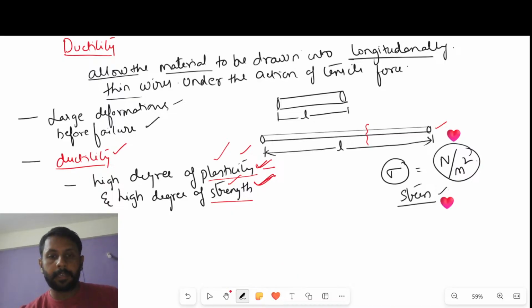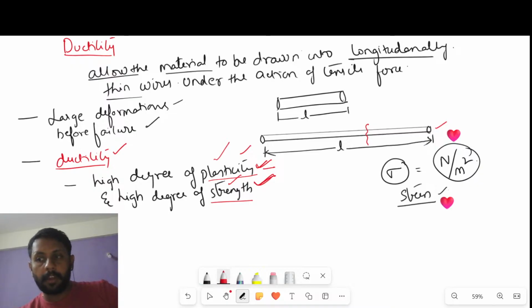Ductility is measured in terms of percentage elongation. Following all of you? Yes, sir.